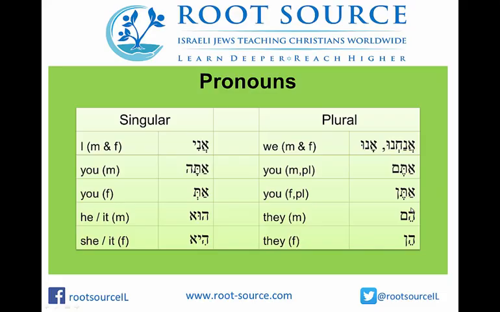So even though you have here 10 different things to remember, there's tricks to move from one to the next. First person is an, with some kind of ending. Second person is at, and third person is hey.